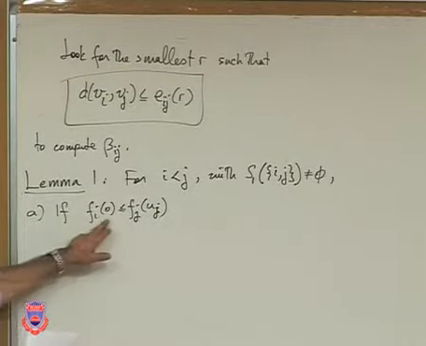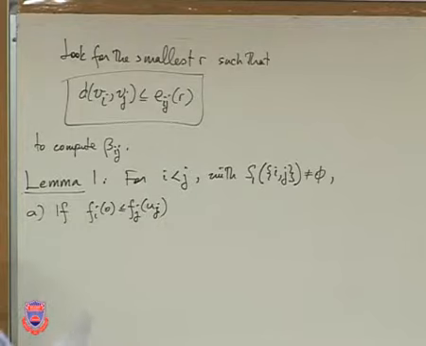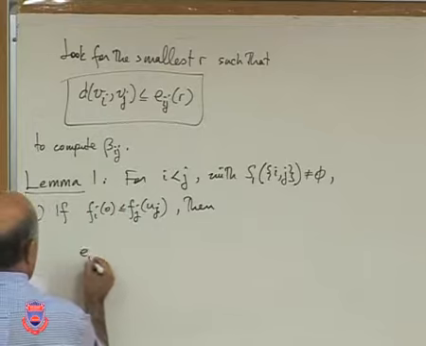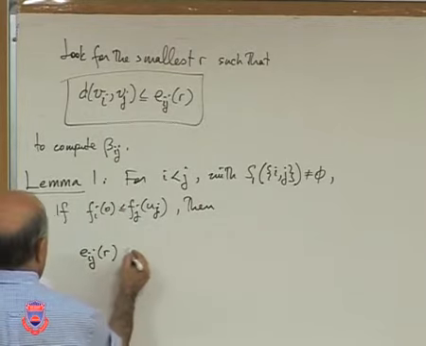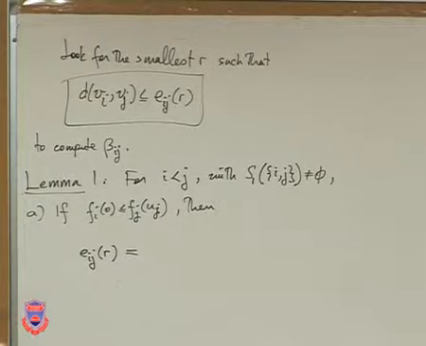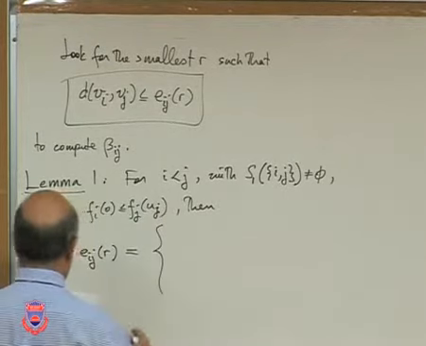If Fi0 is less than or equal to Fj Uj, then my Eij of R, I'm just specifying how to compute Eij, is going to be the following.